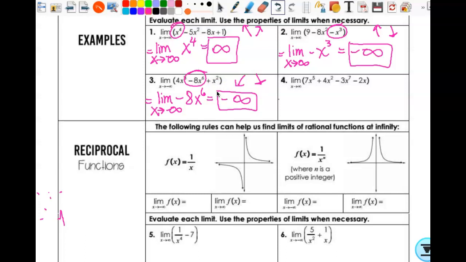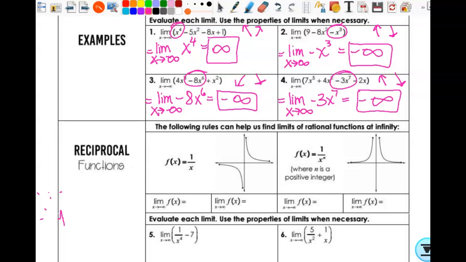When I rewrite number 4, this is equal to the limit as x approaches infinity. What's my leading term? Negative 3x to the 7th. That's odd, so down, up, but it's negative, which makes it up, down. So my answer is negative infinity.